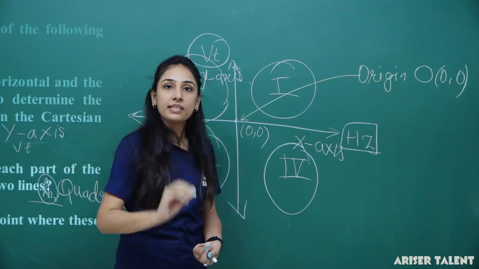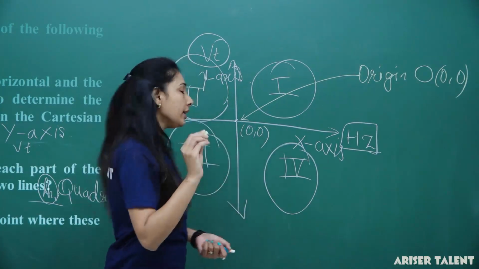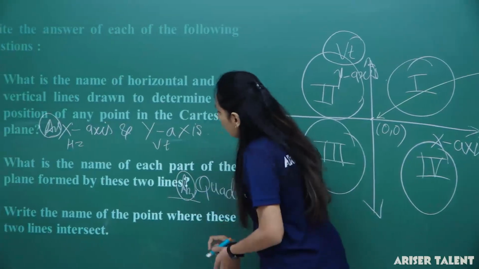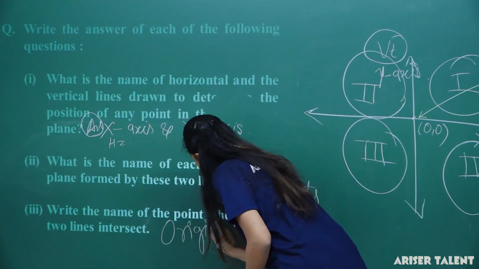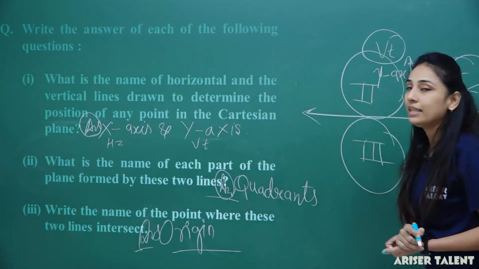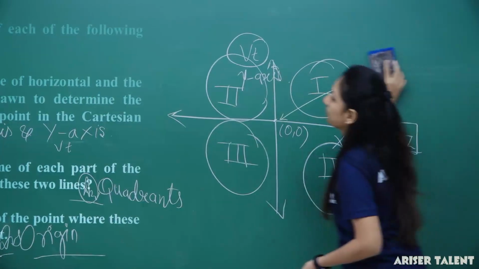The first 0 is the abscissa, and the 0 after the comma is the ordinate. So this will be your answer. Clear? Was it easy?